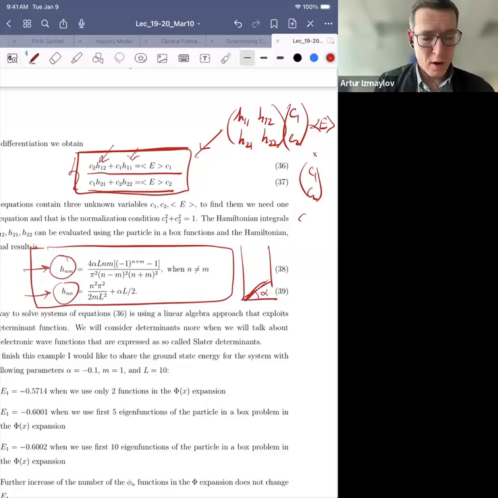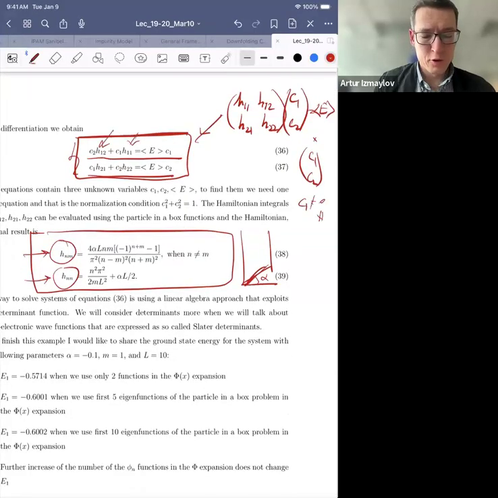So at least one of them needs to be non-zero, and therefore there are requirements to solve this problem that essentially tell us that we need to have linear dependency between the two equations.